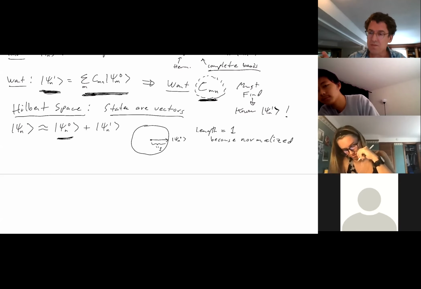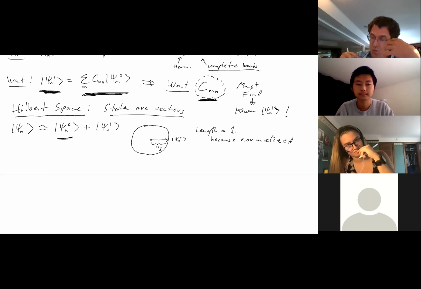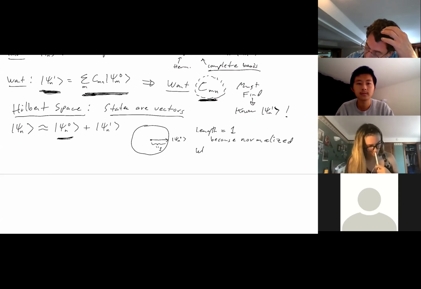But then it makes a sort of profound thing, because then we ask ourselves, what does H prime do to this vector? What is the effect of H prime?